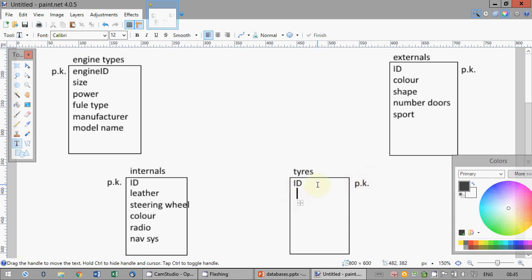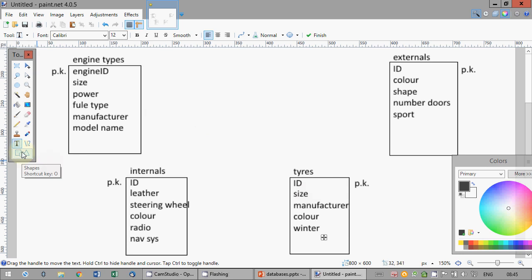Tires have a size, which by the way is measured in an extremely complex way, a manufacturer, so a brand. They can have also color. I've seen also white tires around, and they can be winter or not. I put winter, and it's a yes no. It's no if there are summer tires. Okay, and let's stop like this.